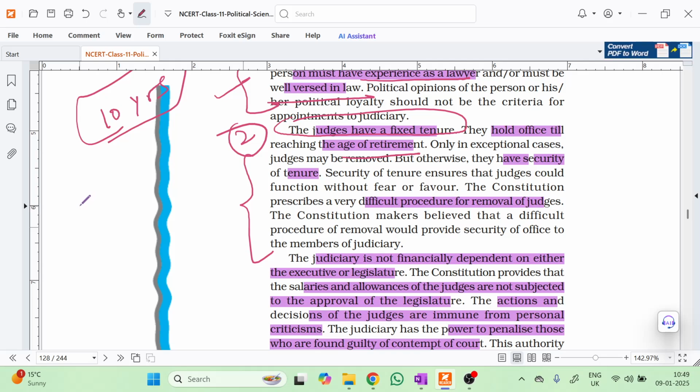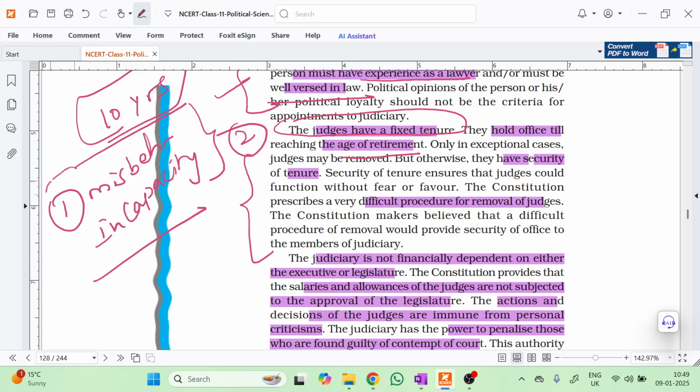They can be removed on the grounds such as proved misbehavior or incapacity. Other than that, they have a fixed tenure, and removal is very difficult.